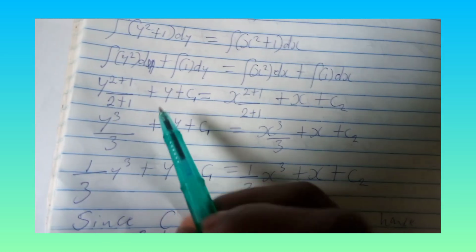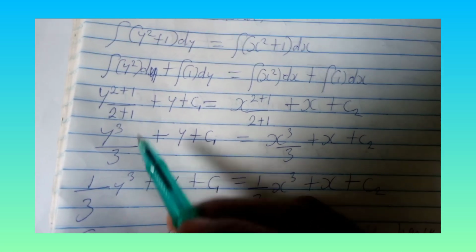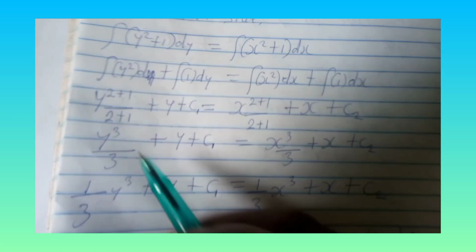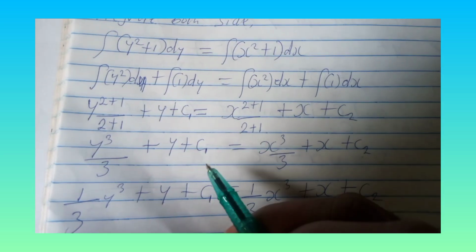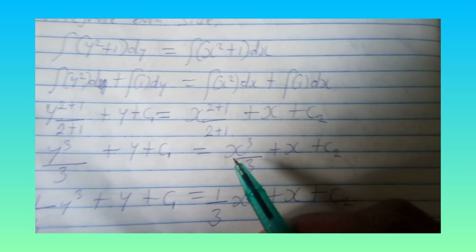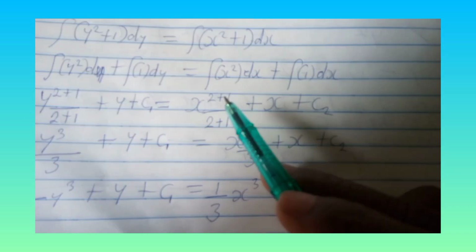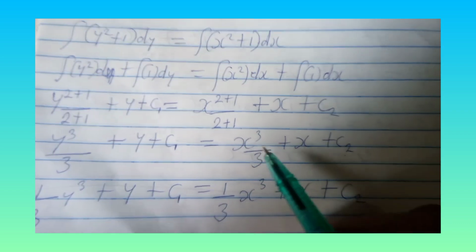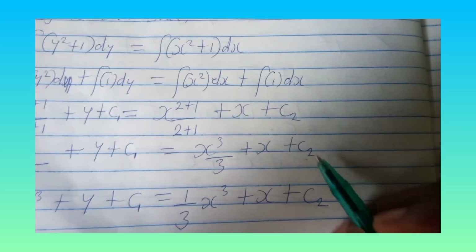So in this case now we have y cubed all over 3, because 2 plus 1 is 3, all over 2 plus 1 here is also 3, plus our y plus our constant 1, which is c1, then equals x cubed all over 3, because 2 plus 1 here is 3, all over 3 here, plus our x plus our second constant.